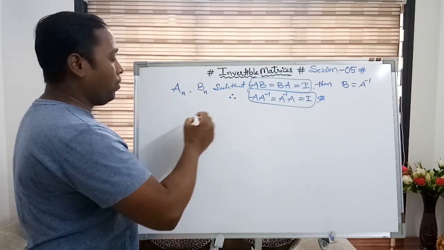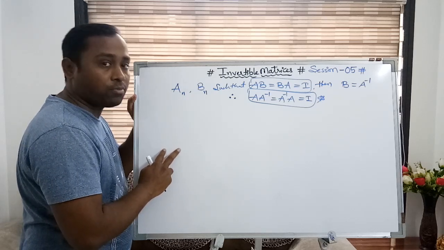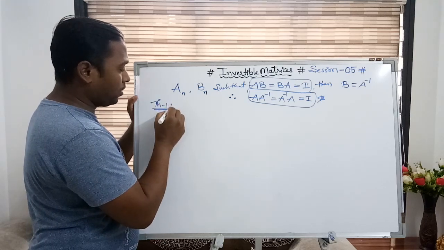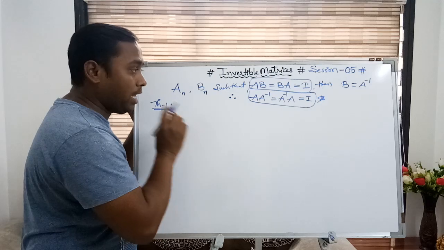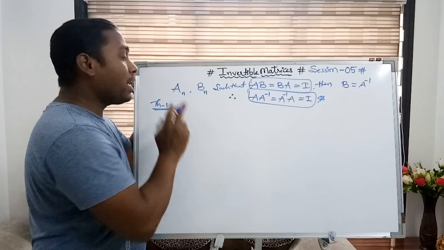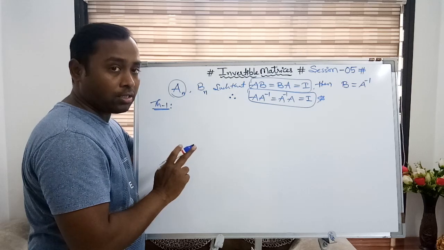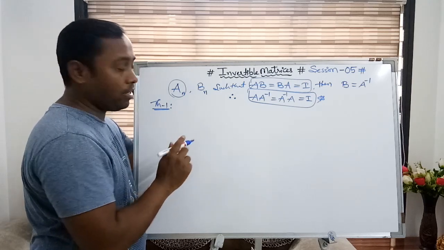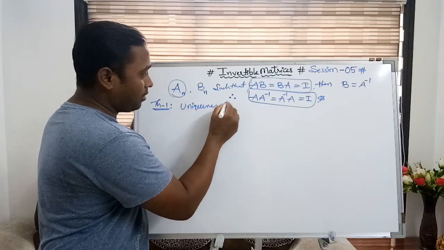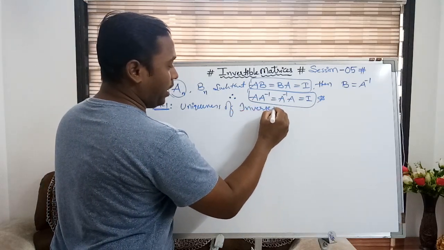After this, we are going to derive two important results which we call the important theorems of this chapter. This theorem says that regarding invertible matrices, if the inverse exists, it is always unique. What does it mean? If a square matrix has an inverse, it is unique in nature, which we call, in short, the uniqueness of inverse. What do we mean by uniqueness of inverse here?